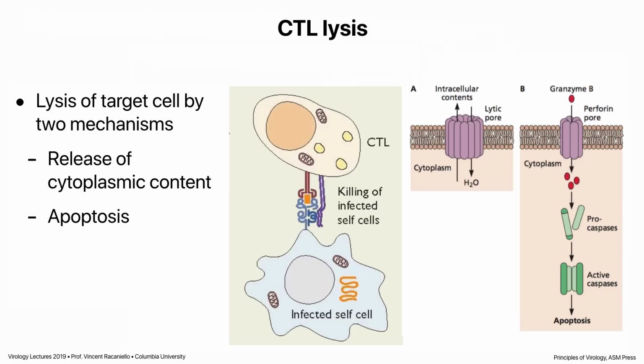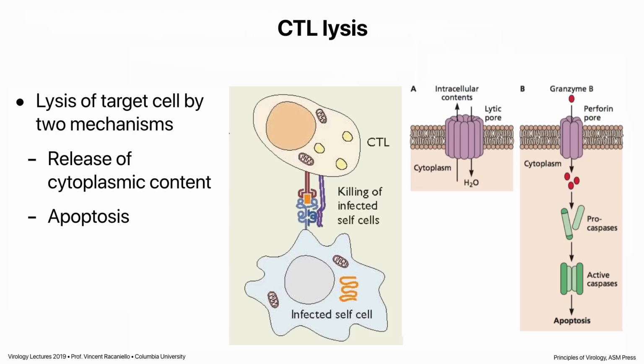How does the lysis occur? Two mechanisms. The CTL makes a very tight junction with the infected cell and makes two kinds of pore. It makes a lytic pore in the membrane, which is shown in panel A, and that causes the contents of the cell to leak out, and the cell will eventually shrivel up and die.